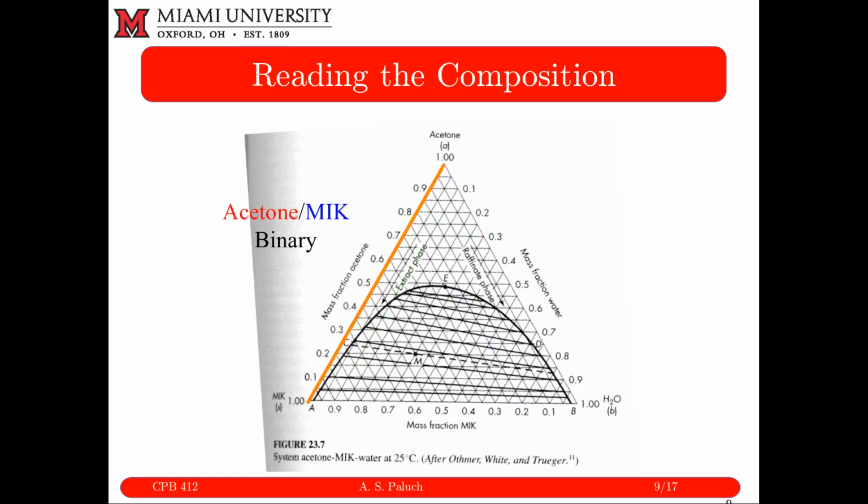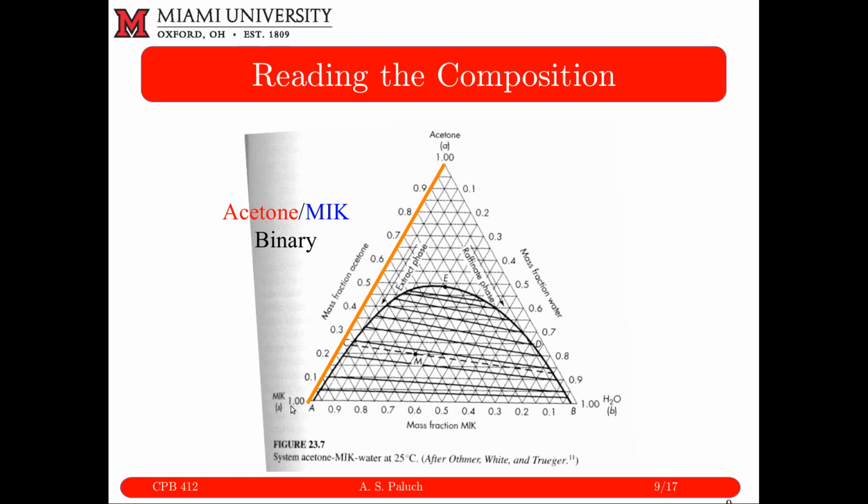Now if you look a little further, at this left axis where it says mass fraction acetone, down in this bottom corner, this is pure MIK, that's 100% MIK. Up here we have pure acetone. So this axis would correspond to a mixture going from pure acetone to pure MIK.